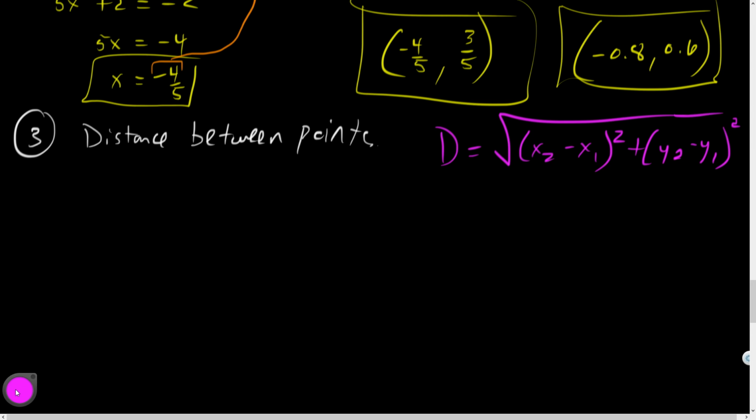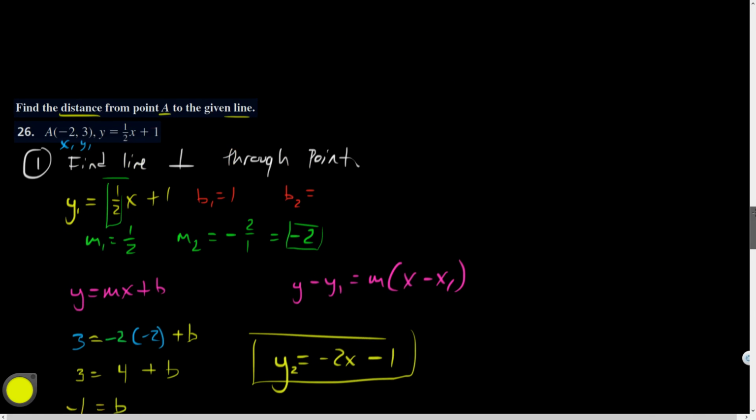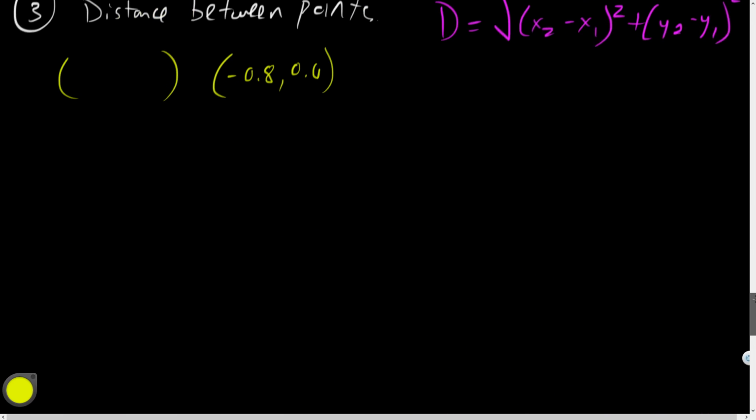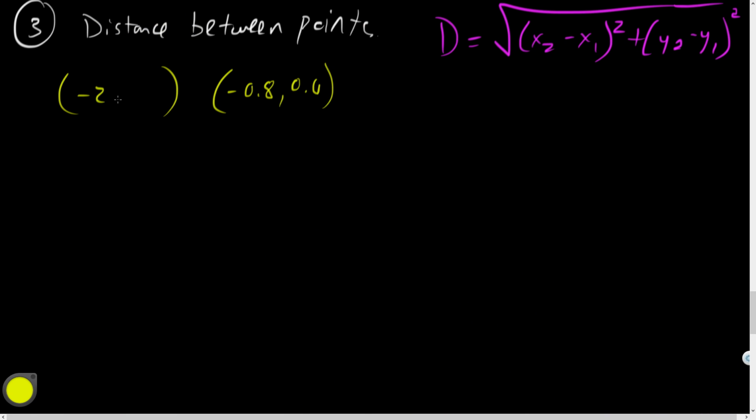And so I've got 2 points: negative 0.8, comma 0.6, and my given point. I've already forgotten what it was. Negative 2, comma 3. Negative 2, comma 3. There's my 2 points.